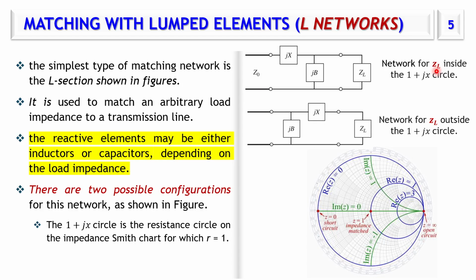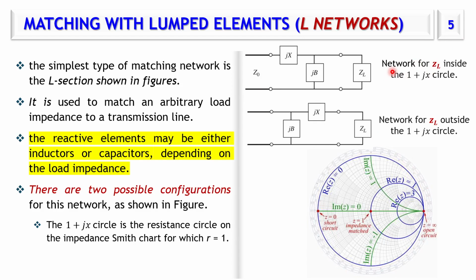That's why it's a small letter. So this is the circle of real part equal 1. This is the circle of real part equal 3. This is the circle of real part equal 0, and so on and so forth.